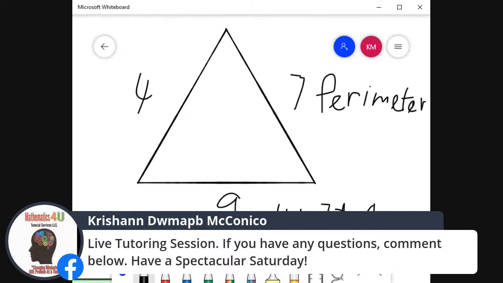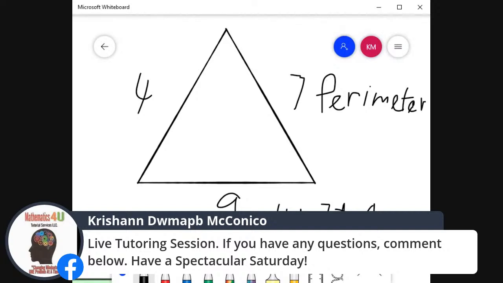So whenever you are doing the perimeter of any shape, all you are doing is adding all the numbers together to get your perimeter. Simple enough?